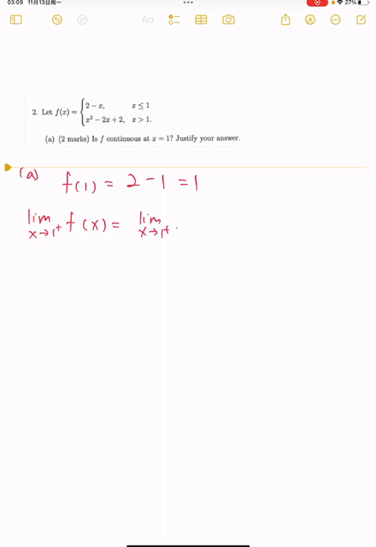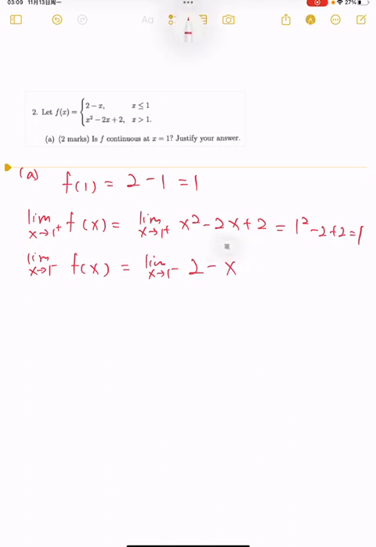Let's sub in the values. That is x squared minus 2x plus 2, which is 1 squared minus 2 plus 2, which is 1. And the negative side, that is x approaching 1 from the negative side, subbing in the value, that is 2 minus x, that is 2 minus 1, that is 1.